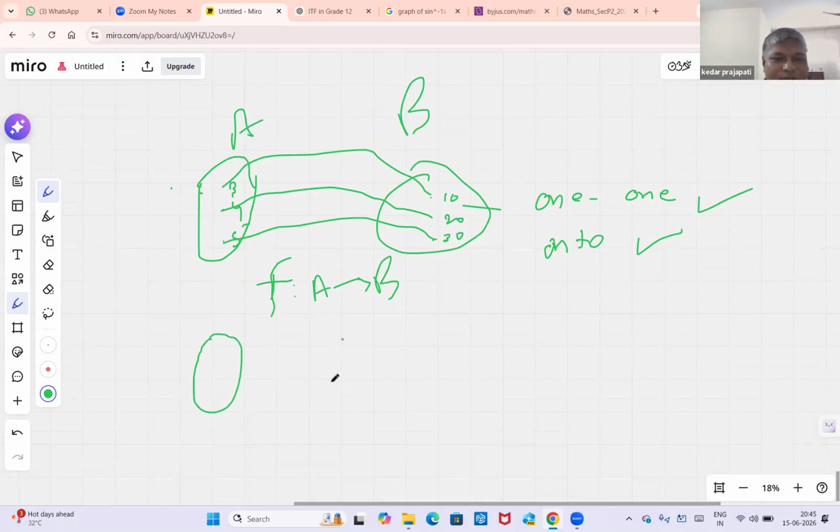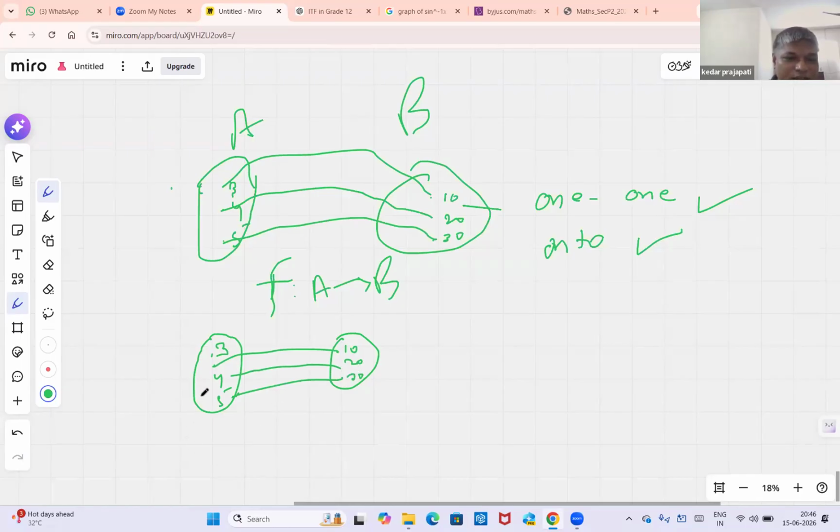I'll come to 3 variations of this. Okay. A, B. Suppose this is 3, 4, 5. 3 has an image, 4 has an image, 5 has an image. This is 10, 20, 30.